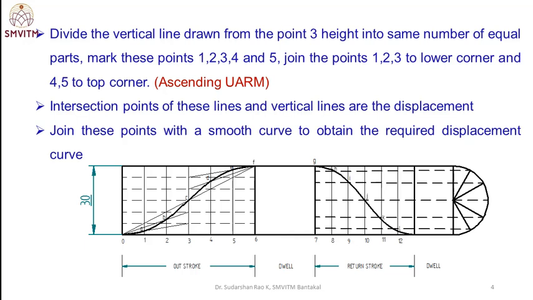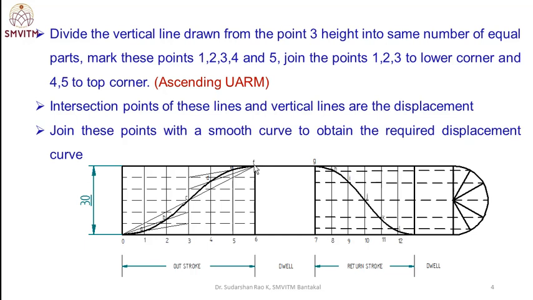Since ascending is uniform acceleration retardation motion, divide the vertical line drawn from the third division into 6 equal parts, that is 5 mm each. Then join the lower 3 points to the lower left corner and the top 3 points to the top right corner.